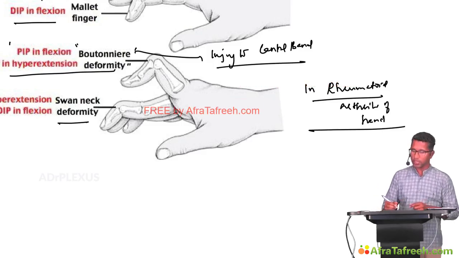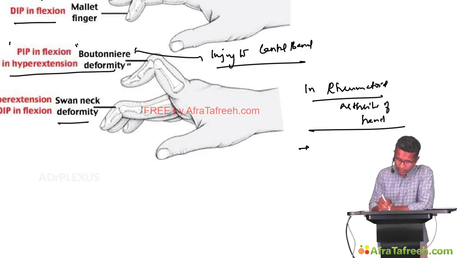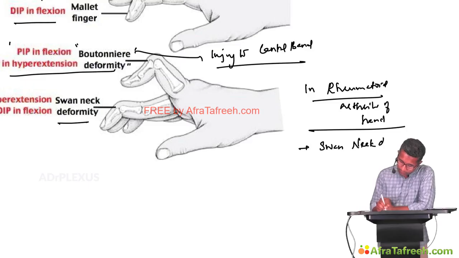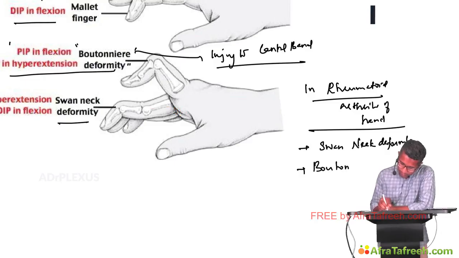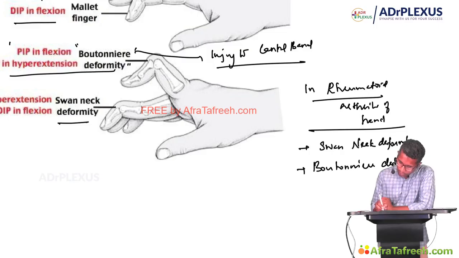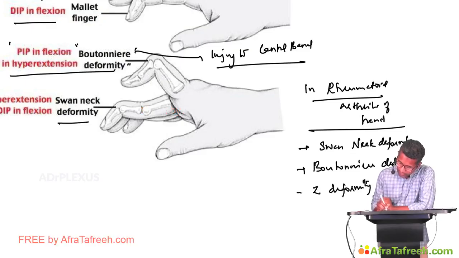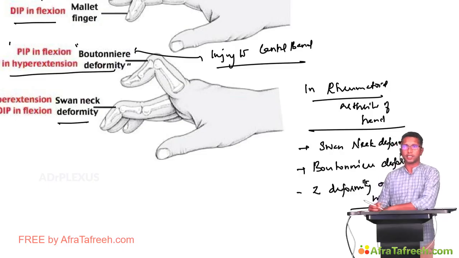What deformities do you see in rheumatoid arthritis of the hand? You see swan neck deformity, you see Boutonniere deformity, and you also see another deformity called Z deformity of the wrist.